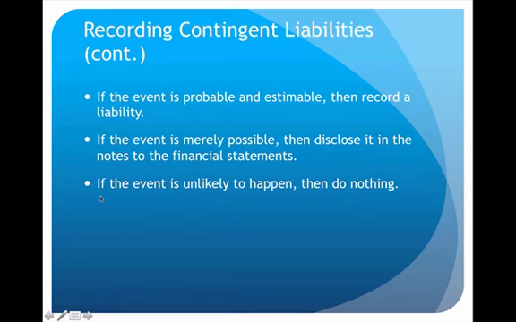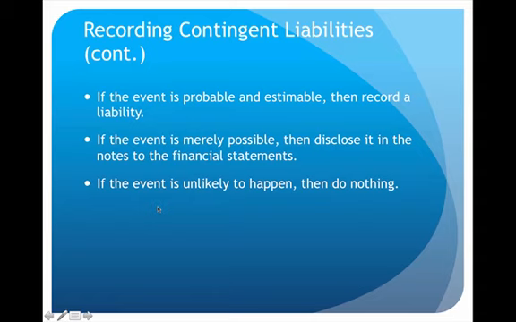So thinking about that example that we talked about earlier, what if we are involved in a lawsuit? It's possible that we think that it's very likely that we're going to be found guilty, and we know a really good reasonable estimate as to how much we're going to pay, and if that's the case, we'll go ahead and book it as a liability. Then again, at the other end of the spectrum, what if this lawsuit is totally frivolous?